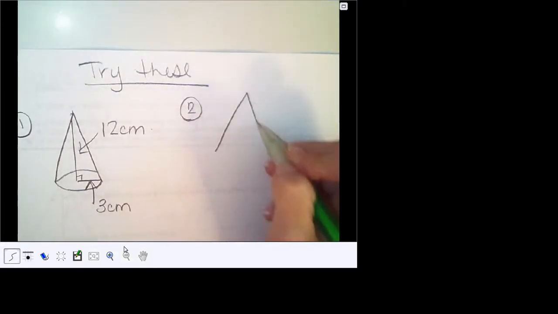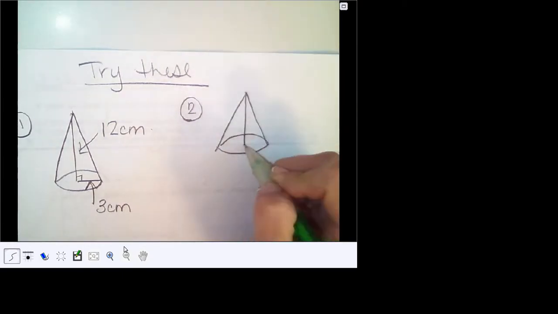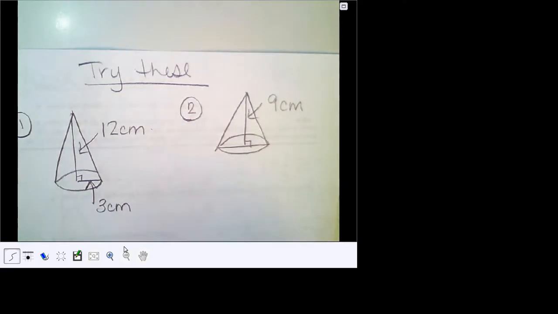Number 2. Your height is 9 centimeters, and your diameter is 16 centimeters.